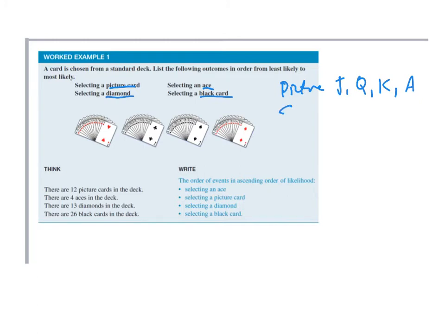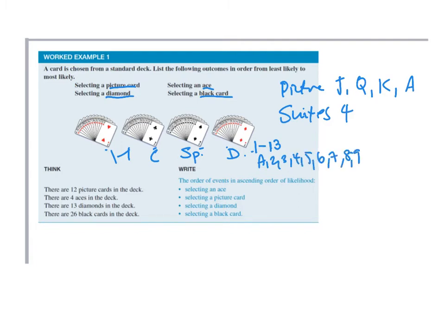You need to know that you have suits, and there are 4 of them: hearts, clubs, spades, and diamonds. And you need to know that the number in each is 1 to 13. So 1 is your ace, then 2, 3, 4, 5, 6, 7, 8, 9, now we have a 10.